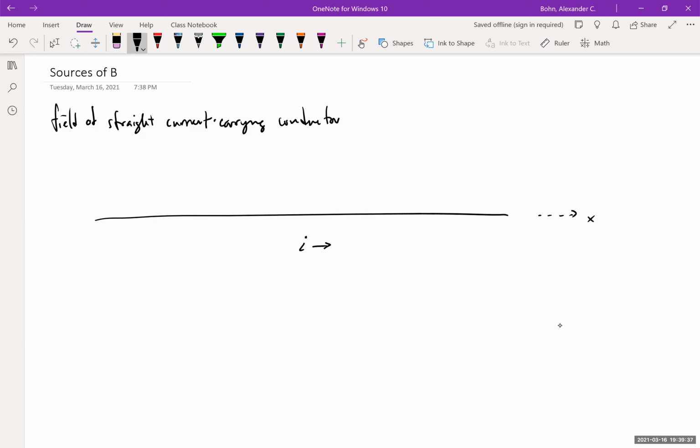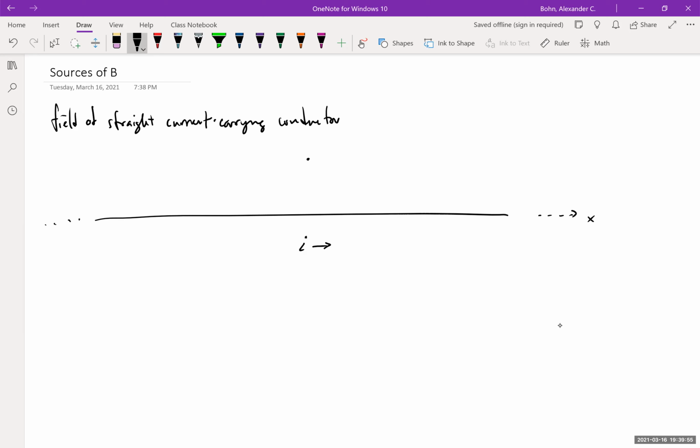It extends in both directions. So it's very long, or we're very close to it so that it looks infinite.